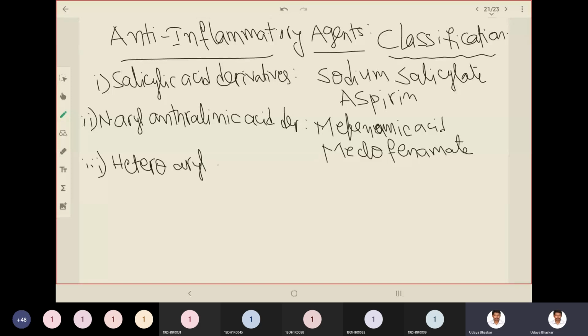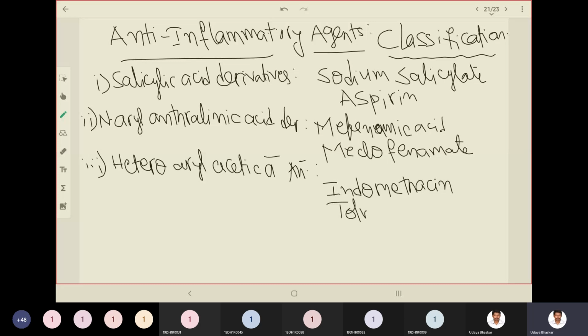Examples: indomethacin, tolmetin, zomepirac.